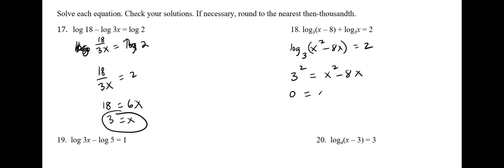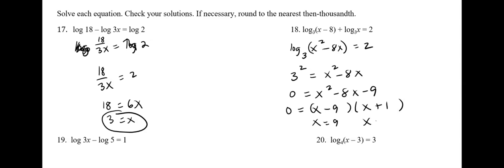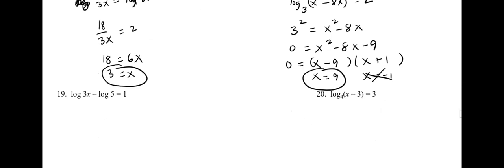And it's going to be a quadratic equation, so I'm going to make it equal to 0. I'm going to solve by factoring. And I got 2 solutions, but only one of them is valid because -1 would mean I'm going to be doing the log of a negative number, which isn't possible. So my answer for number 18 is just going to be 9.